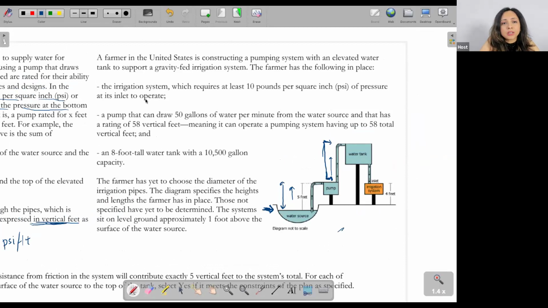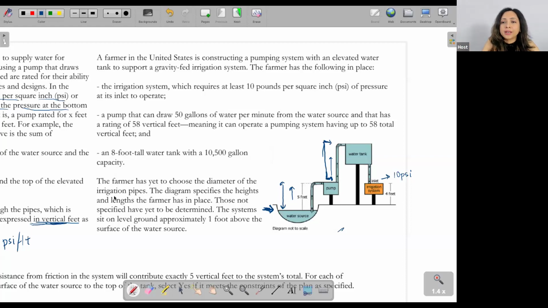Here they are telling us that the irrigation system requires at least 10 pounds per square inch, which is PSI, of pressure at the inlet. So this irrigation system at its inlet needs 10 PSI. I haven't been given much data in terms of PSI, but I do know that 0.43 PSI is equal to 1 foot of the water column.